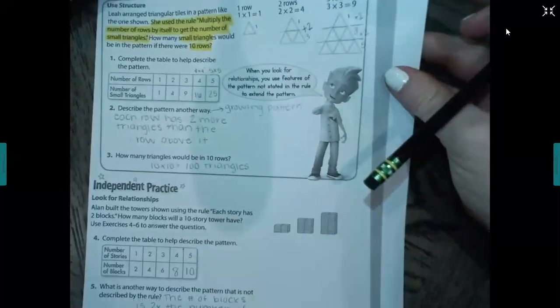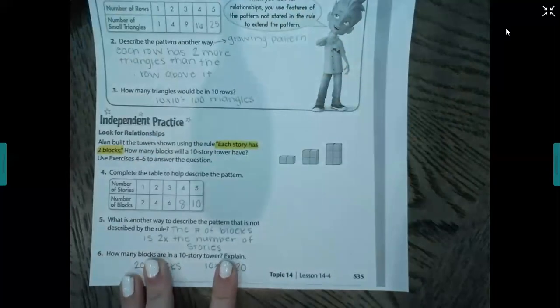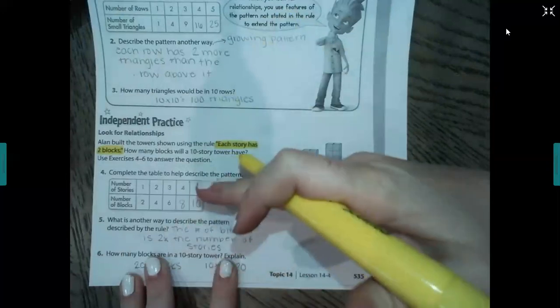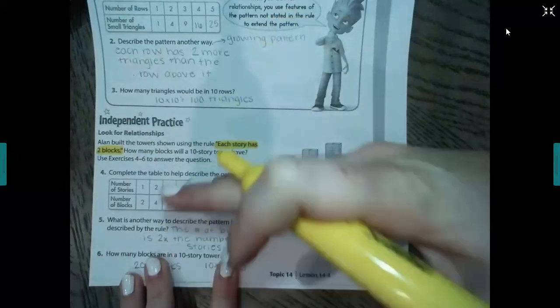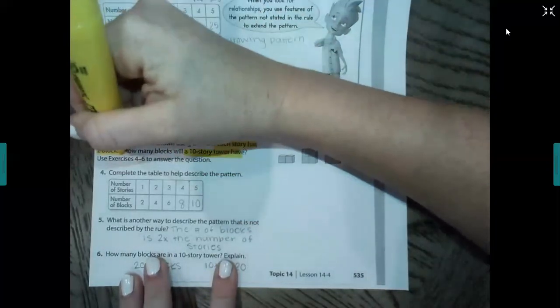Now I can scroll down and I can say, Alan built the towers shown using the rule. Each story has 2 blocks. So each story, the first floor, second floor, third floor, okay? How many blocks will a 10-story tower have? Okay?